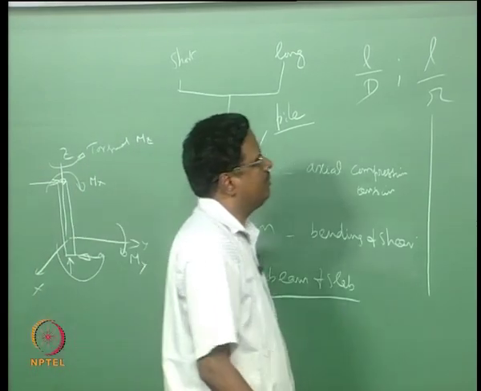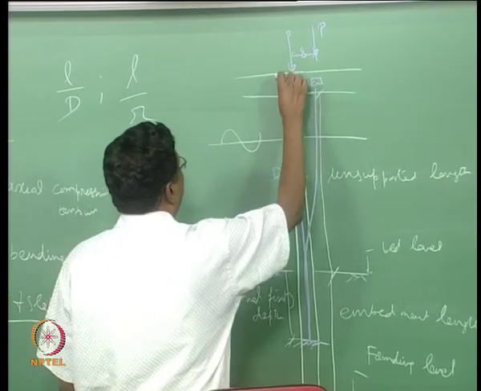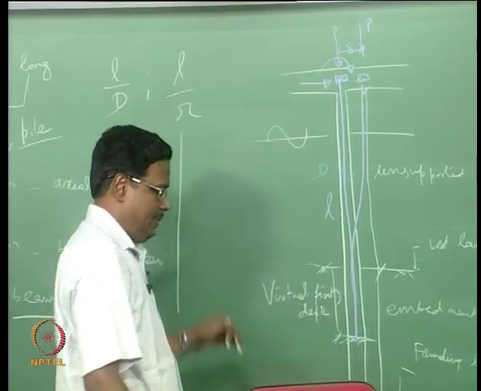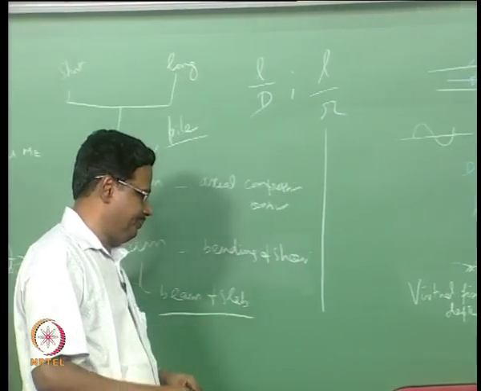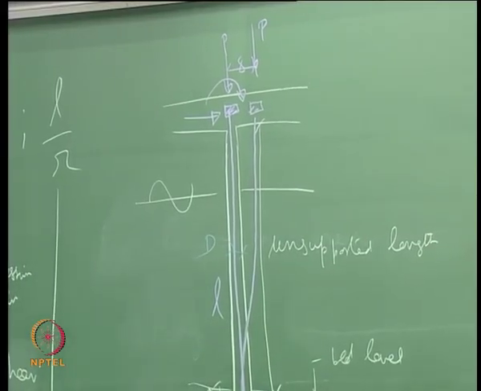Suppose there is a column which is subjected to a load and a moment. Generally these piles are subjected to axial load, bending moment and shear force, right. We have to design the pile for all these things, that is what we are going to do now.